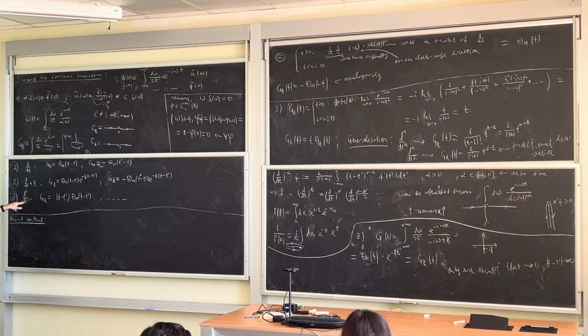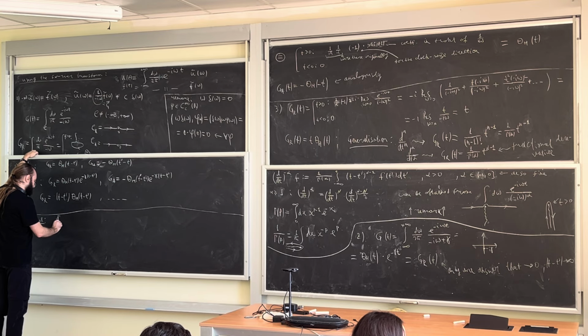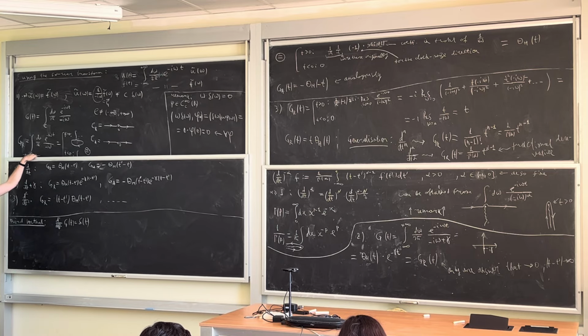So for example, we want to compute the Green function of this operator, so we need to solve the equation d squared over dt squared of g of t equals delta of t.